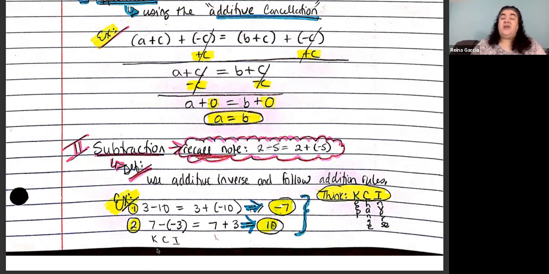Remember when we were doing fractions, we thought of it as keep, change, flip. Keep the first number, change the multiplication, use the inverse, or flip to the inverse. You can think of this as keep, change, inverse. Keep the first number, change to addition, give the additive inverse of the second number, and then you can just use addition rules. And with that, ladies and gentlemen, we have completed section 8.1.